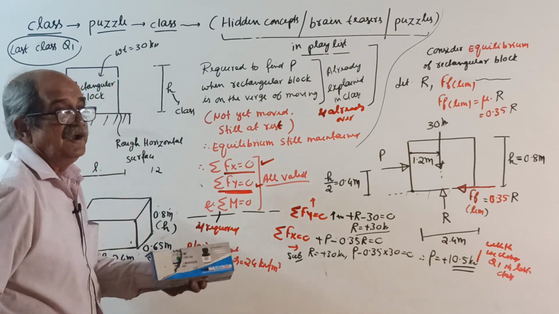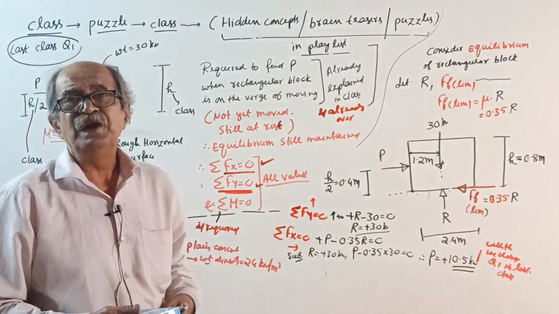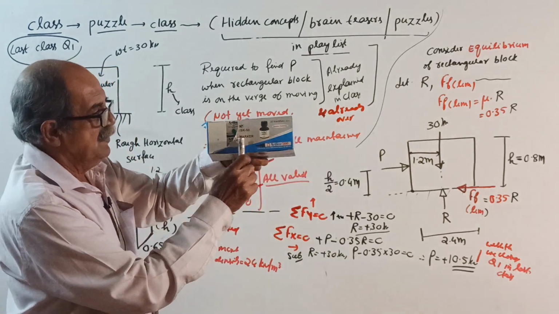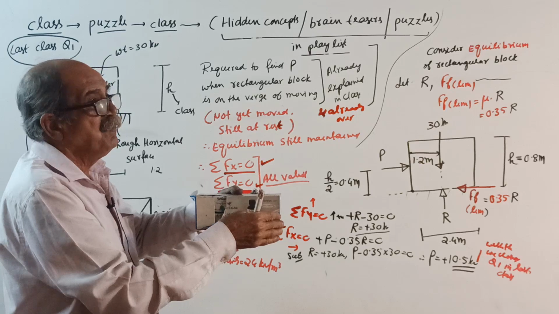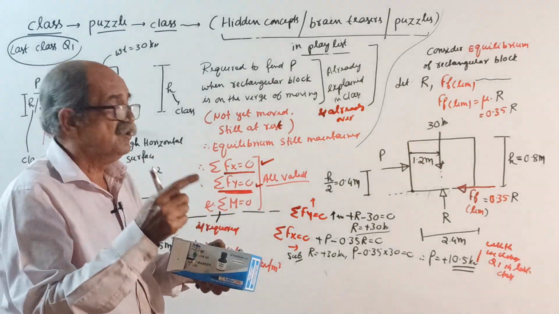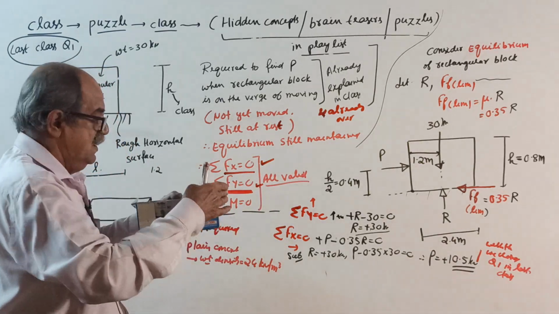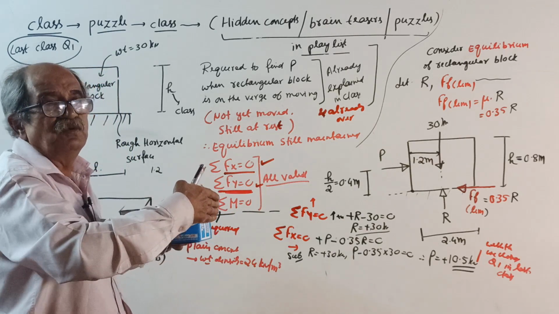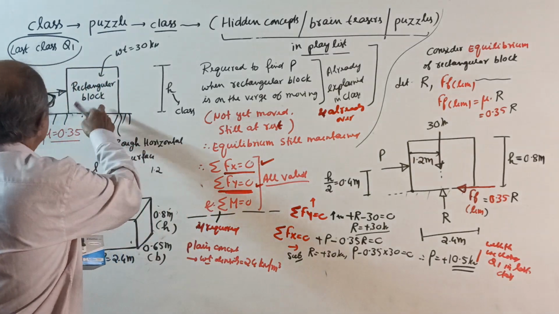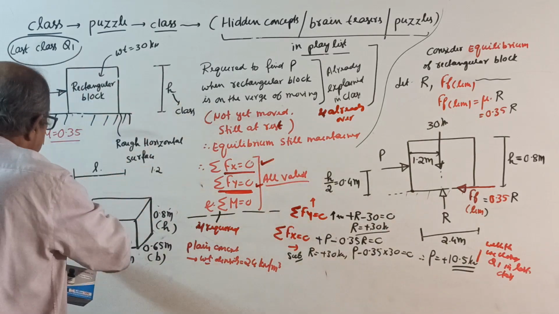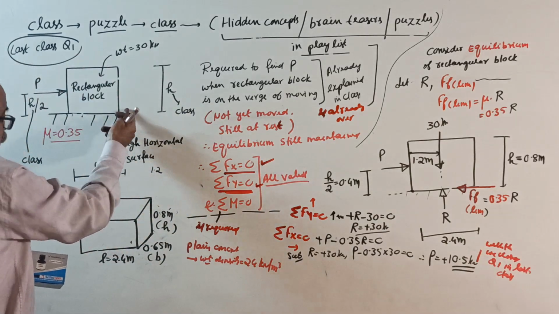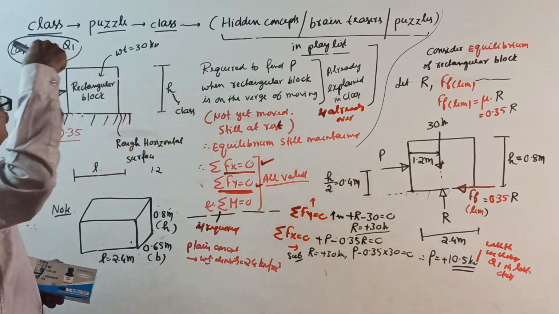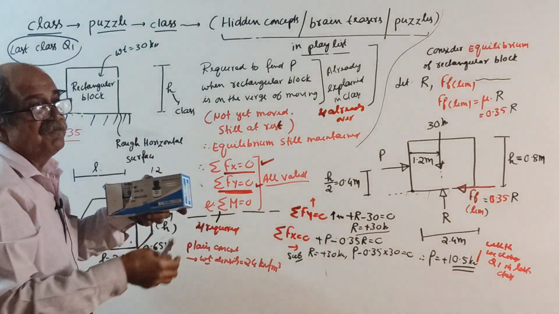That is, 1 meter cube of concrete weighs 24 kilonewton. See, 2.4 meter. Height I will take 0.8. I adjusted it so that weight will come 30. Width equal to 0.65 this way, which you cannot see here. See, it is this way. See, 2.4, 0.8, and this way is 0.65.